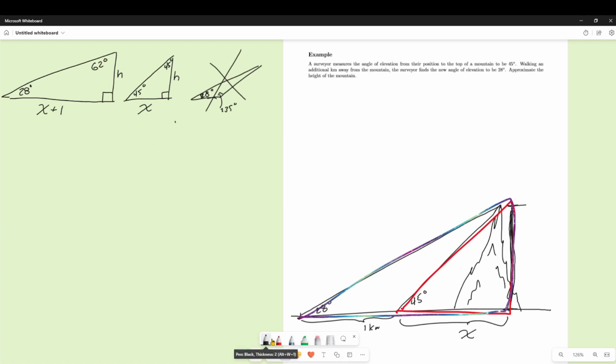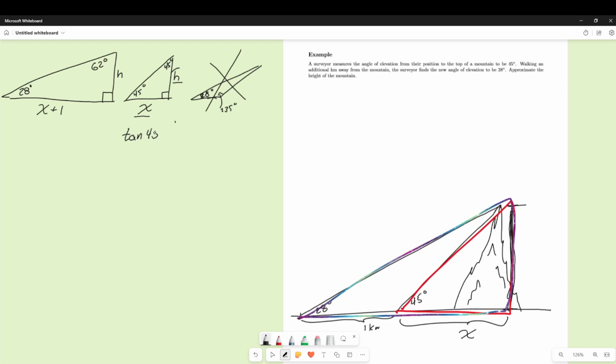How do I know which trig function I want, by the way? We have the opposite length we're talking about here and the adjacent length. I don't know the hypotenuse. I'm not asked for the hypotenuse, so I'm going to stay a little bit away from the hypotenuse for a while. We have arguments about the opposite and the adjacent, and tangent talks about opposites and adjacents. So let's talk about tangent.